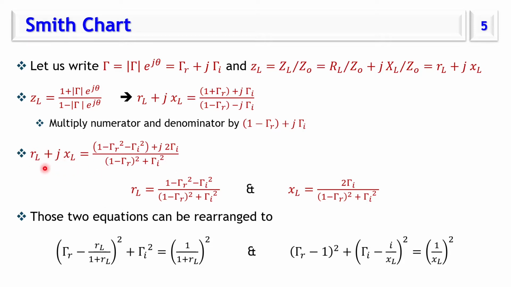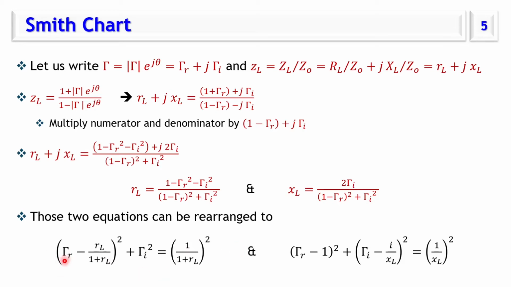We can now express the real component of the normalized load impedance and the imaginary component of the normalized load impedance in terms of gamma I and gamma R, the real and imaginary components of the reflection coefficient. Solving those two equations together, we will have this expression.